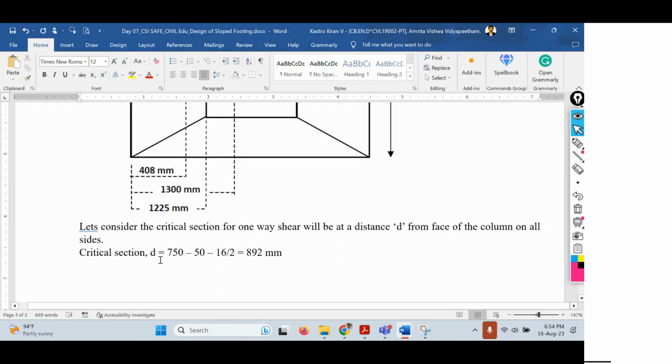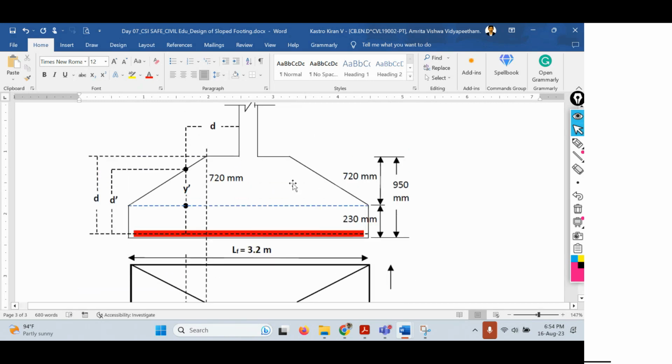Now similarly, we have to find out another value, that is depth at edge of projection from face of the column. What is depth at edge of projection from face of the column? Here. So this one, this distance. So from face of the column is this one.